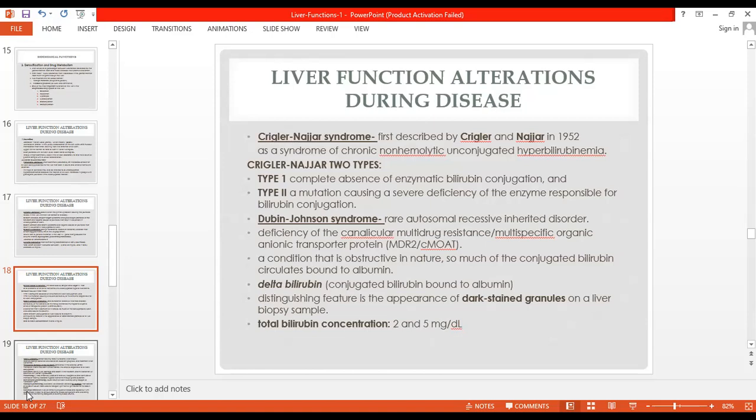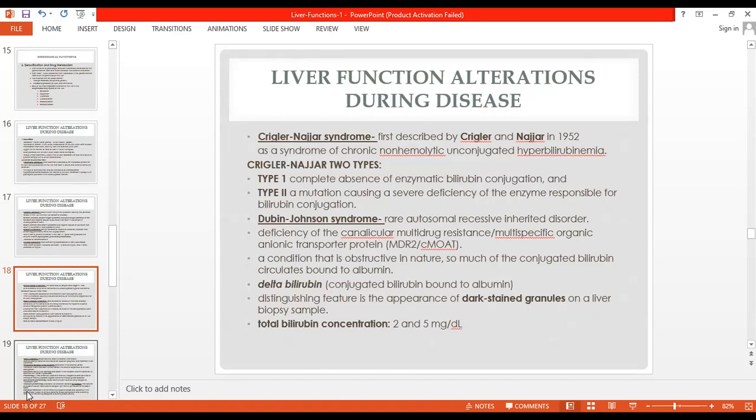Dubin-Johnson syndrome is a rare autosomal recessive inherited disorder caused by a deficiency of the canalicular multidrug resistance or multispecific organic anion transporter protein, or MDR2/CMOAT.